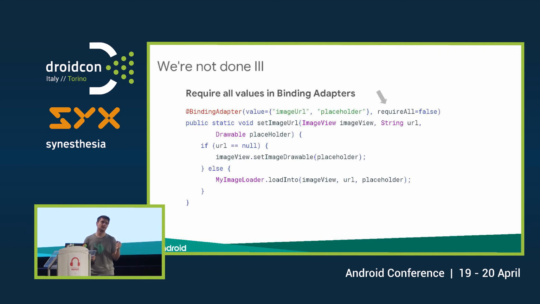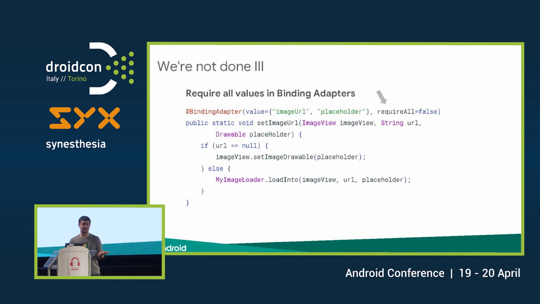Now, require all is an optional parameter that is true by default. And what that's going to do is, if it's true, it's going to wait for all the attributes to have a value. Otherwise, it's not going to call this method. If it's false, then when any of those parameters are set, it's going to be executed. So in this case, you can bypass the image URL.